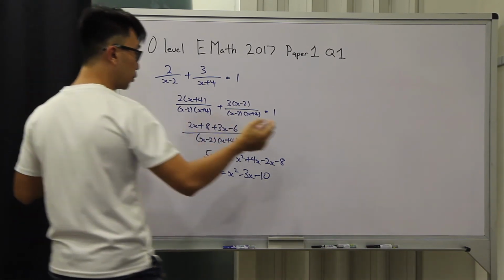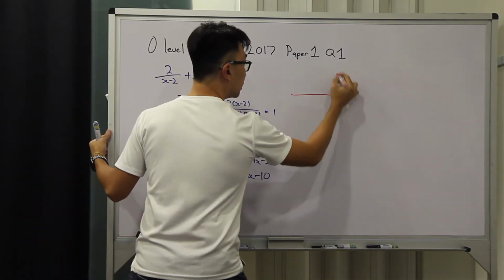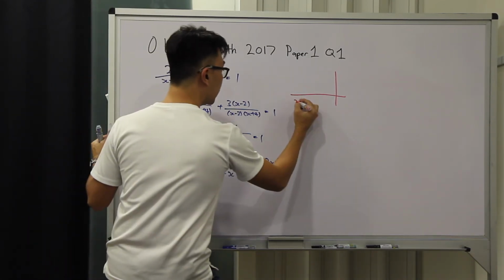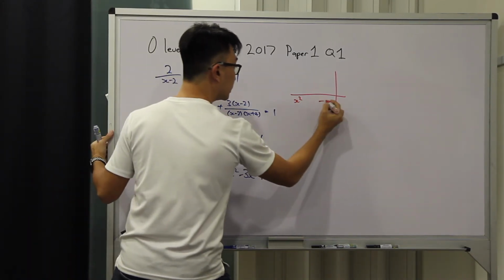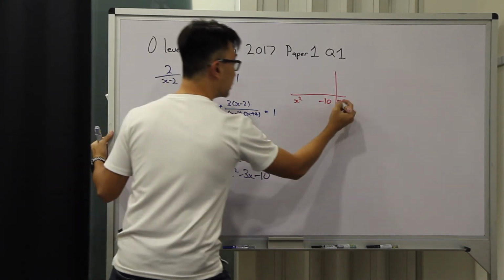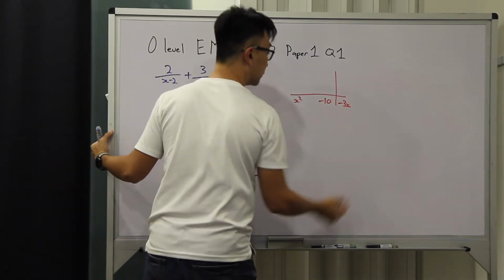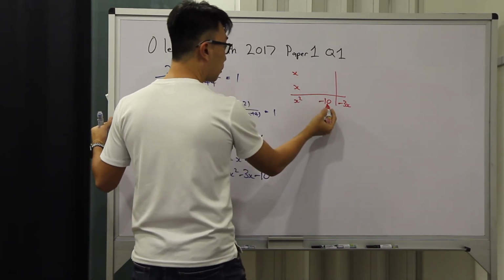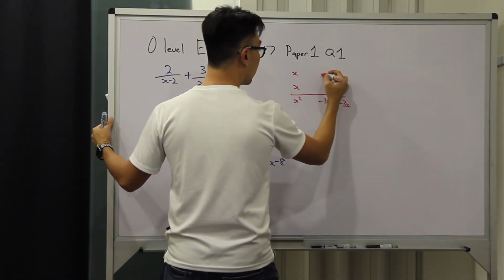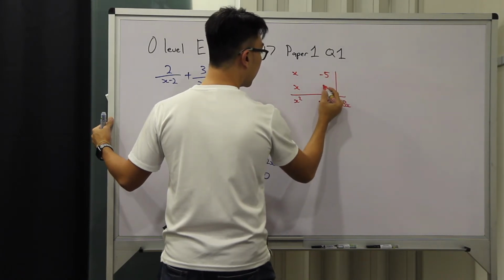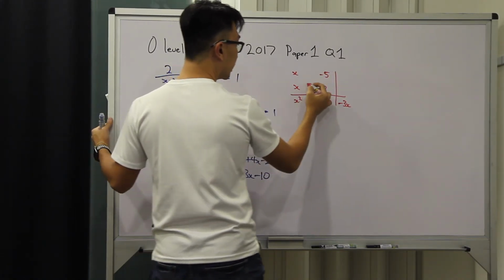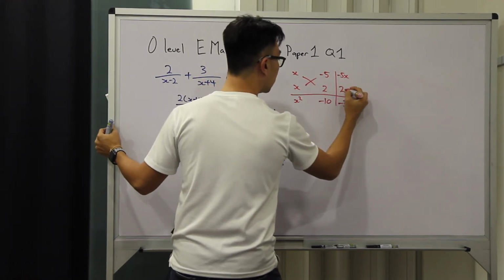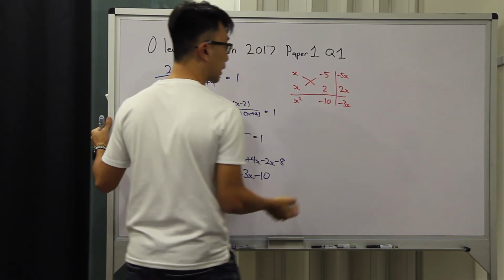Okay, next, we can actually use the butterfly method. So x squared minus 3x minus 10. So we can actually put an x here. Minus 10, maybe we can have a minus 5 and 2. That will give us minus 5x and 2x to give us the minus 3x.